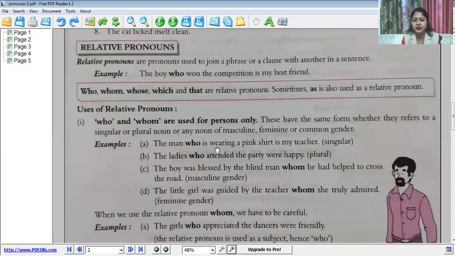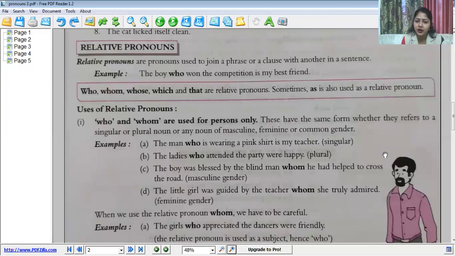See the example here. The man, I'm talking about one person. The man who is wearing a pink shirt is my teacher. The ladies who attended the party were happy. So you have seen singular and plural. Now let's talk about masculine and feminine.